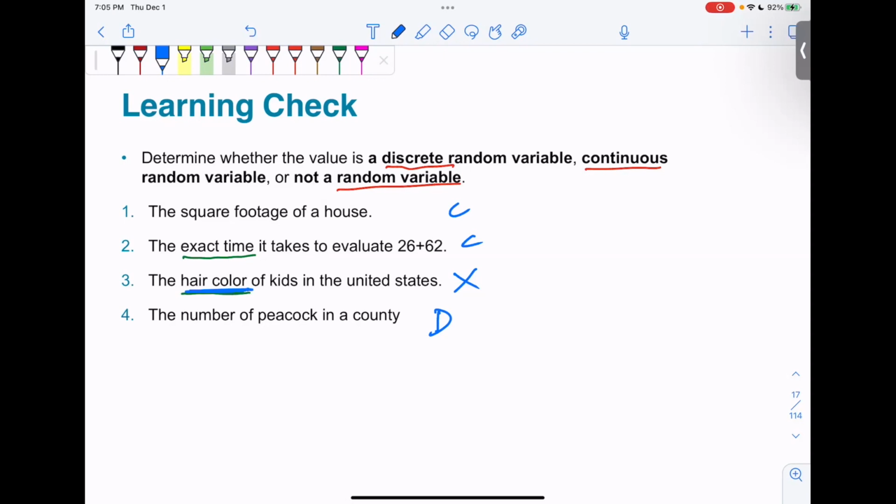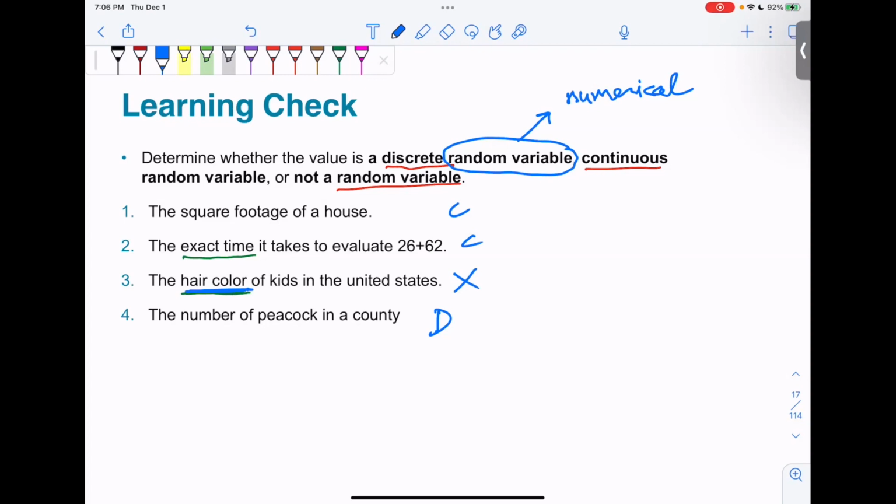So when we say random variable, it must be numeric. It's a must. If we cannot represent it as numbers, then we cannot call it a random variable. It's still a variable, but not a random variable.